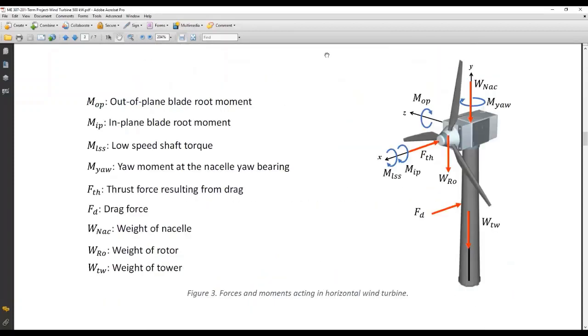This is an example of the forces. Of course, there are other forces that we are not including. So I don't want you to believe that everything you see here is exactly what is there. There is a lot more in reality, but we are trying to make it a little bit easier for you.